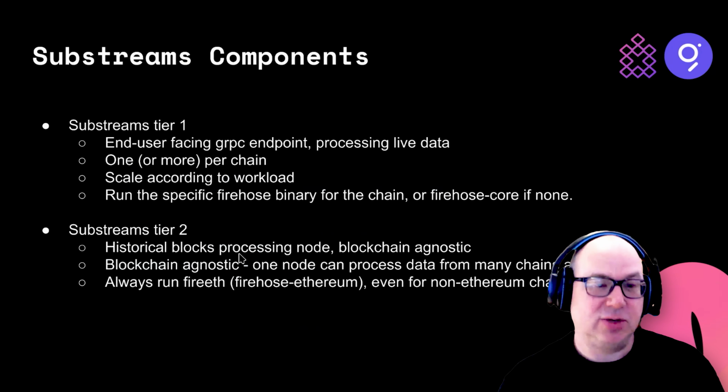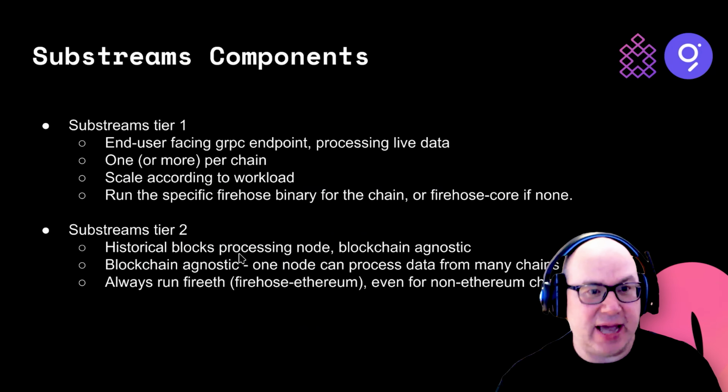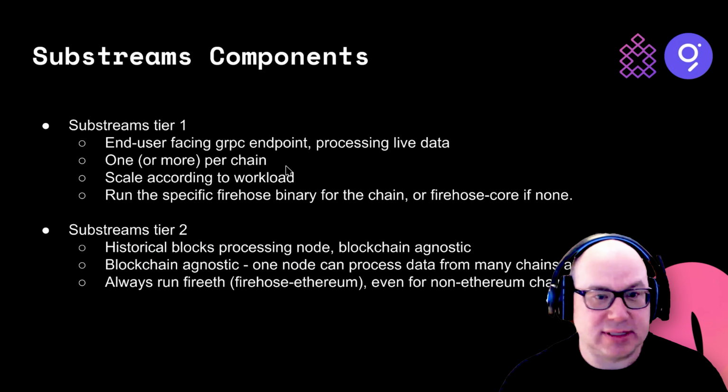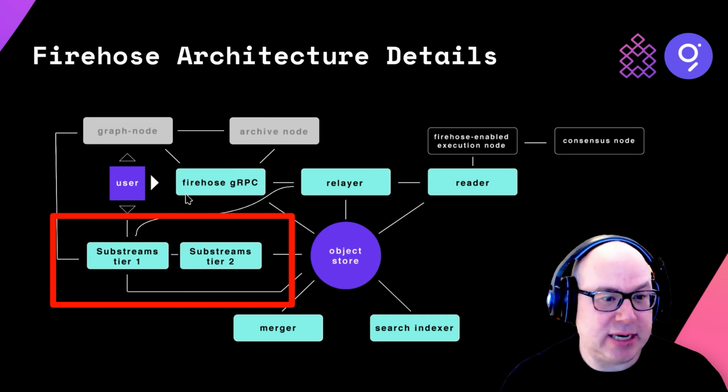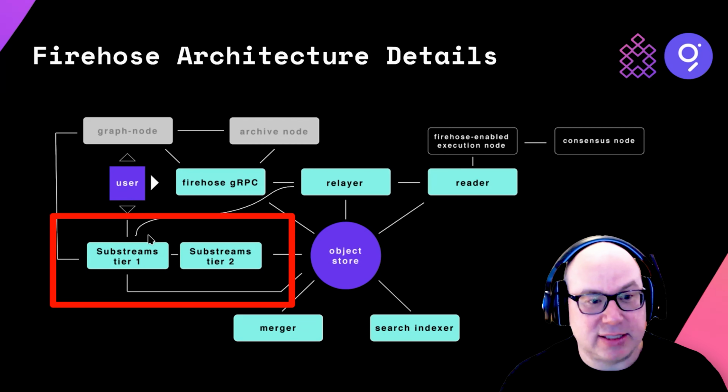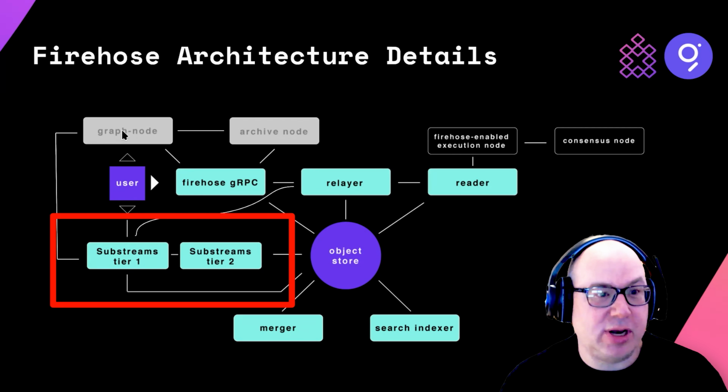So substreams tier 1 is the end user facing component that's processing live data. Let's just go back and look at the diagram here. So we can see substreams tier 1 is connected to the user. So the user can connect directly to substreams tier 1, or you can also see that graph node up here can connect to substreams tier 1.